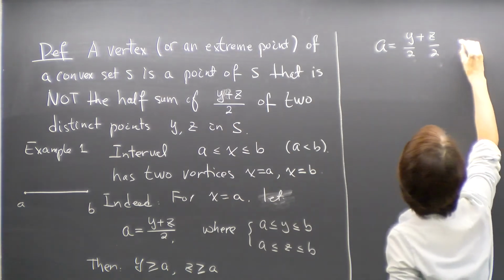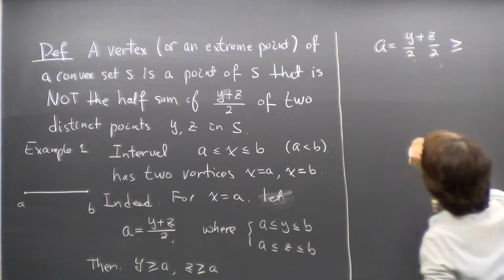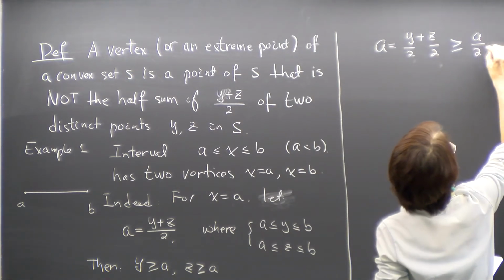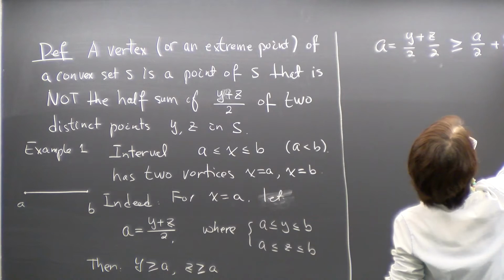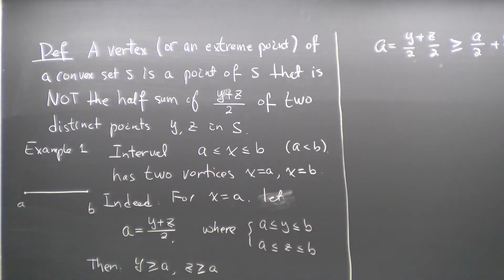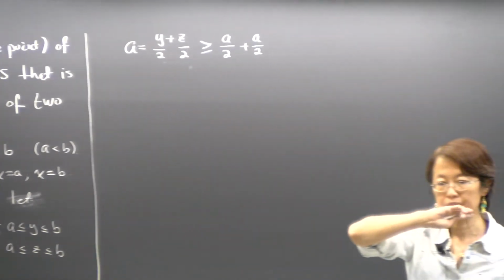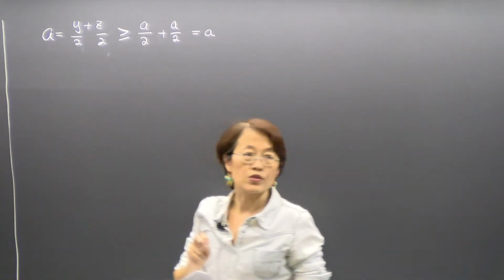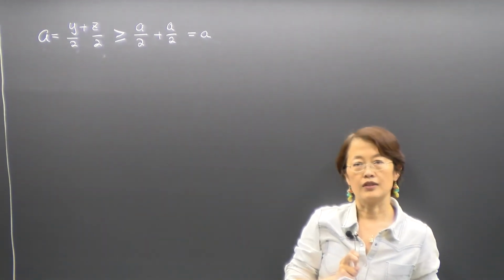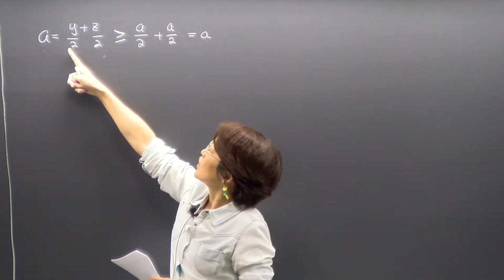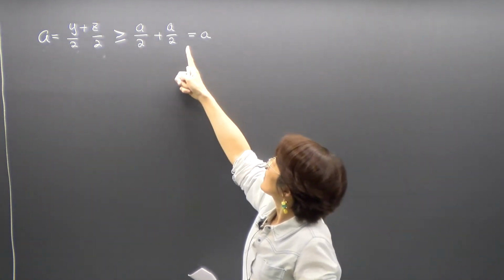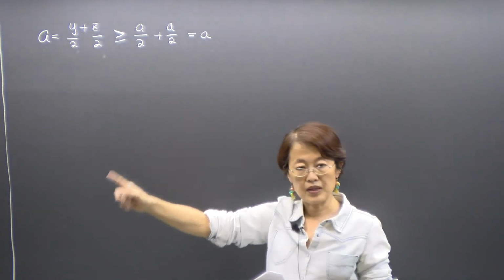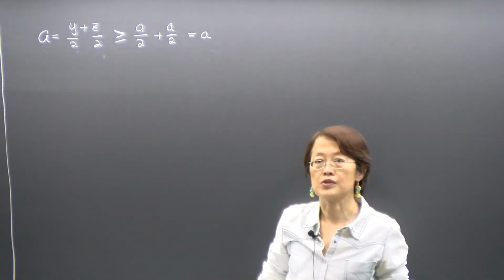So I'll have this inequality, because I have this inequality for y and z. Is that clear what I'm doing? I'm just arguing. And then I see these add up to be a, and it equals the left-hand side where I started. So you show that a is bigger than or equal to a, and the two endpoints are the same. That means all along the way, you must have an equal sign.